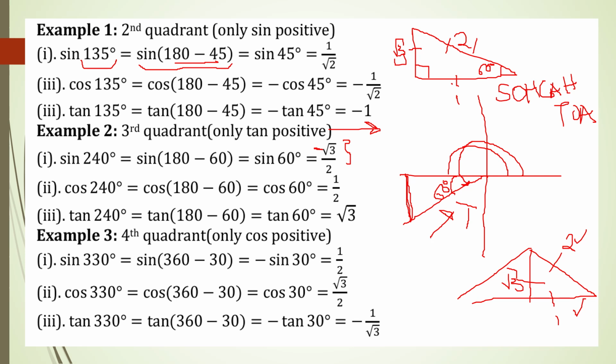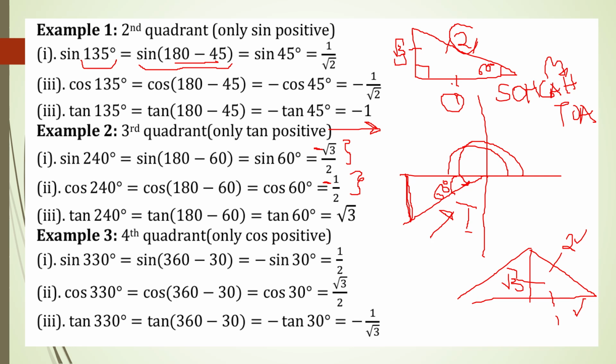According to this sketch, we also find cos, and cos is the same as adjacent divided by hypotenuse. Adjacent for this case is 1, and our hypotenuse is 2. That's why we put here cos 60 to be equal to a half. And the answer must be negative, though I forgot to apply it, simply because it's only tan which is positive in this quadrant. And then we proceed to tan.